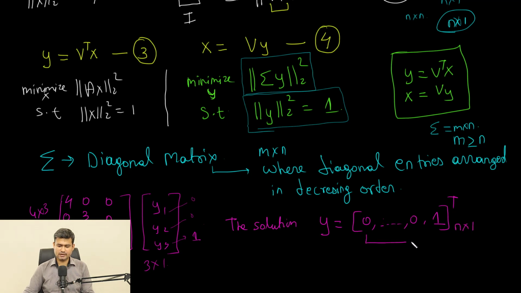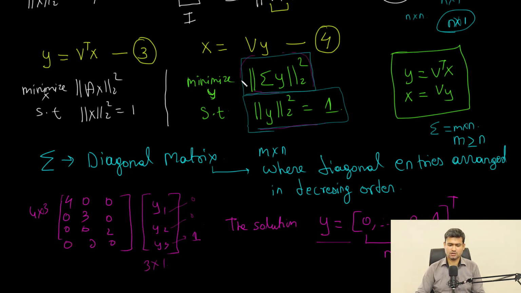So, the first n minus 1 entries are 0 and the last entry is 1. This vector satisfies the constraint that norm of y squared is equal to 1, and it minimizes the objective function.